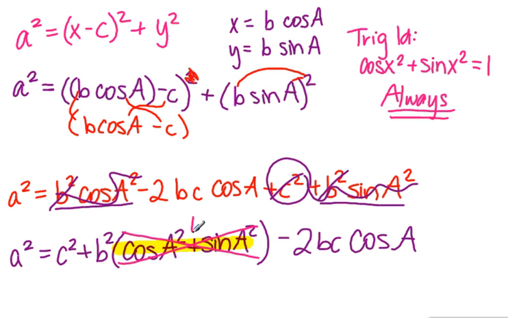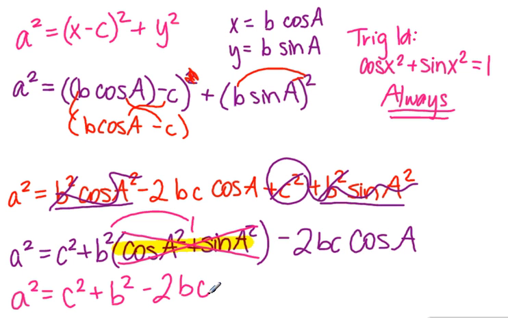So 1 times b squared is the same thing as just b squared. So when we simplify, we get a squared equals c squared plus 1 times b squared, which is b squared, minus 2bc of cosine A. That is one of your laws of cosines.